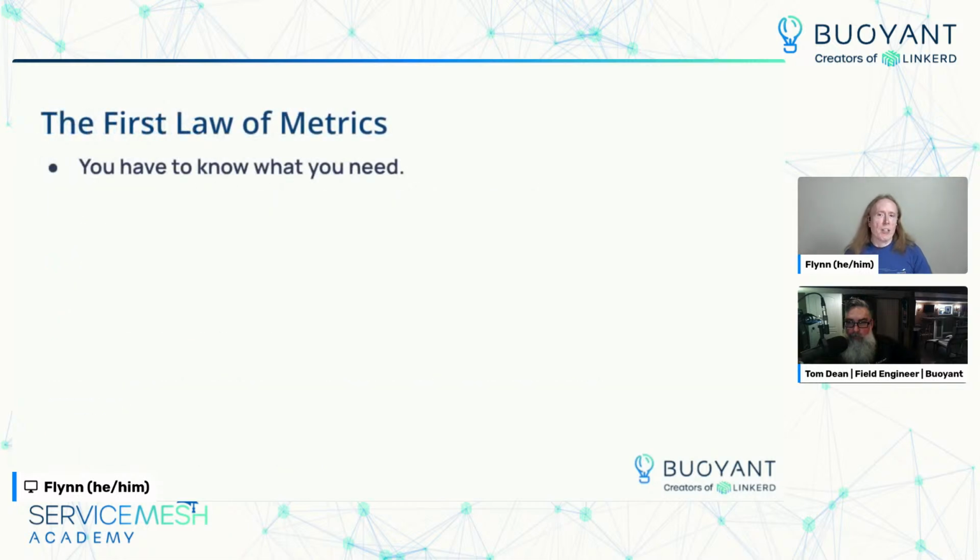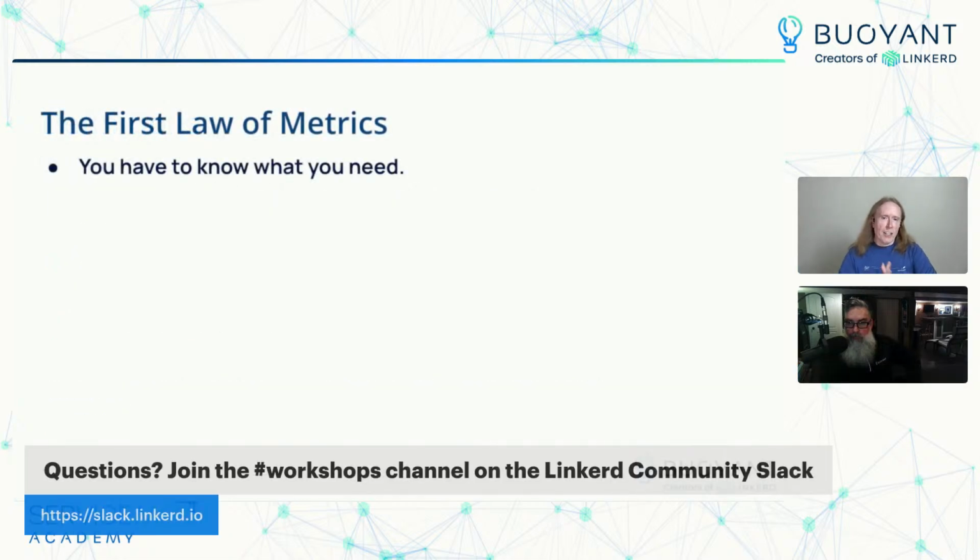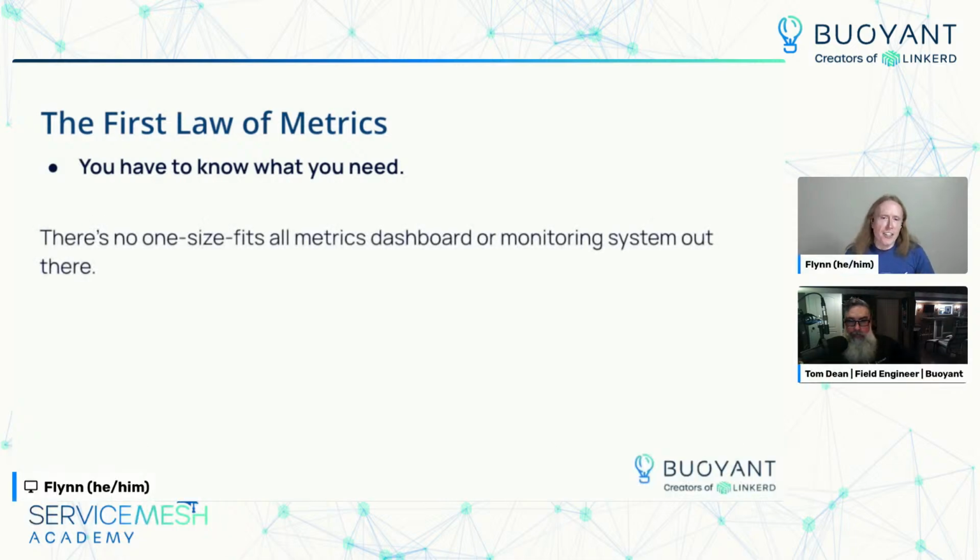The first law of metrics is something that Tom kind of alluded to there, which is that you have to know what you need. You have to know what you want to look at, because there's no such thing as a one-size-fits-all metrics solution. There are a lot of companies that would like to sell you a one-size-fits-all metric solution. If you look into it, you'll find that what they sell you is a thing that you can configure for your specific application.